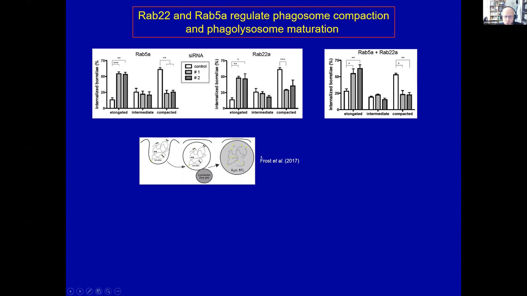And to show that the compaction is actually necessary for the degradation, we used what is called a DQ-BSA assay. So basically this is bovine serum albumin that has been heavily dotted with fluorophores. And so heavily that they're so near each other, they quench their fluorescence.